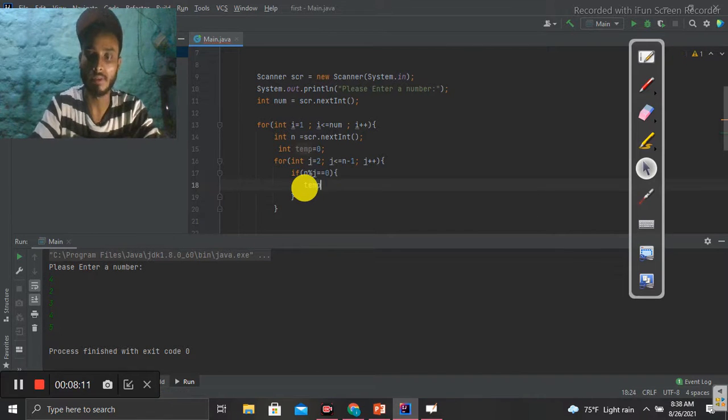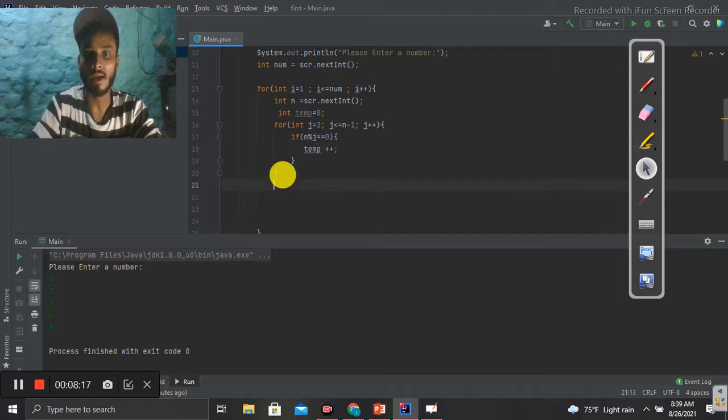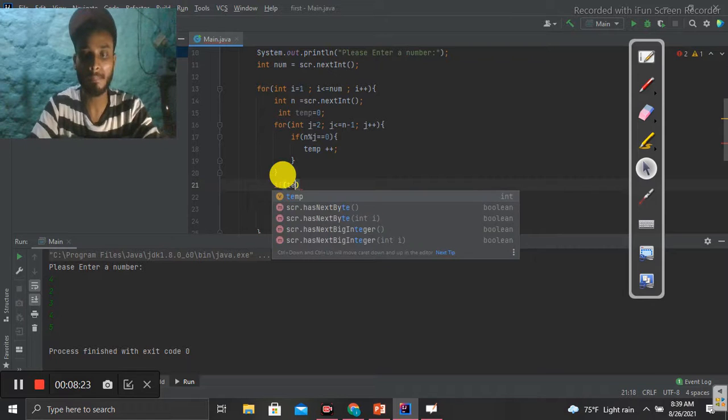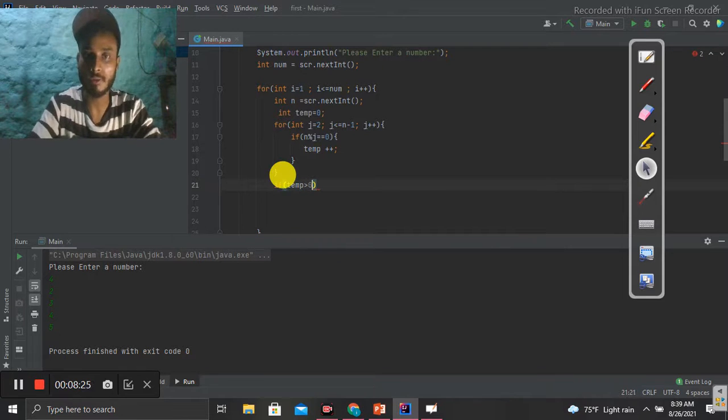It also comes out of the loop, and I check if temp is greater than 0.